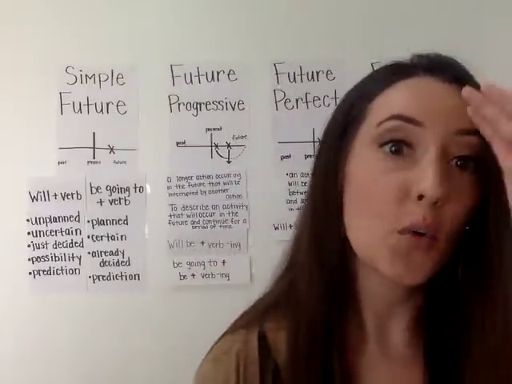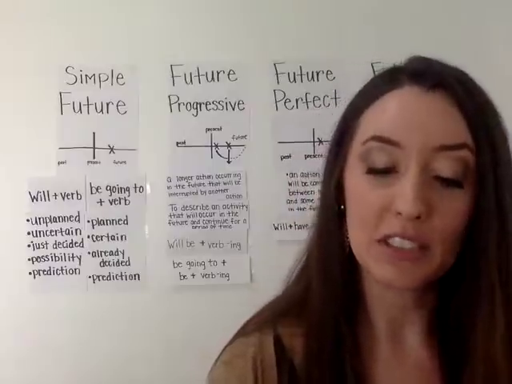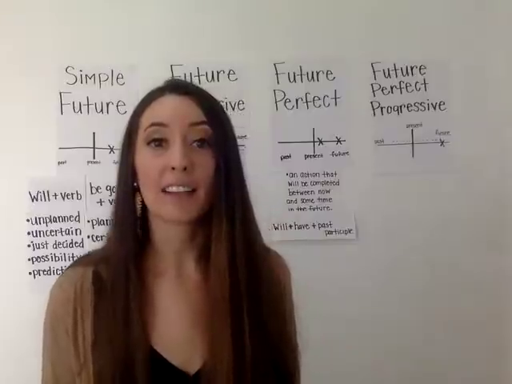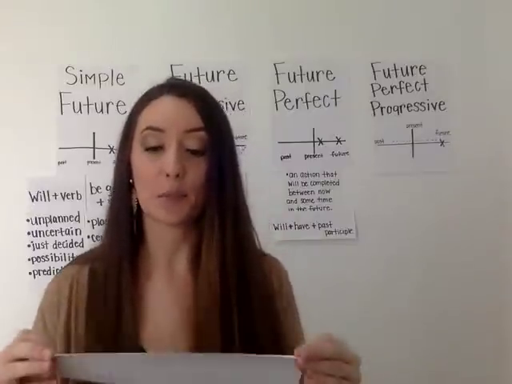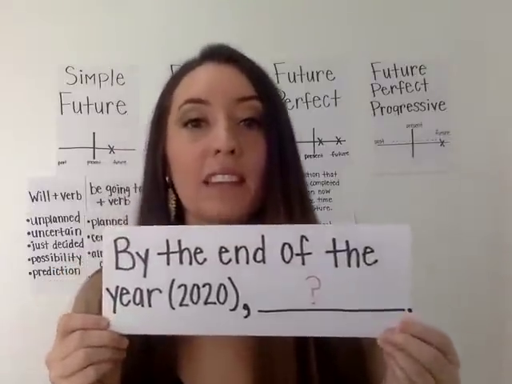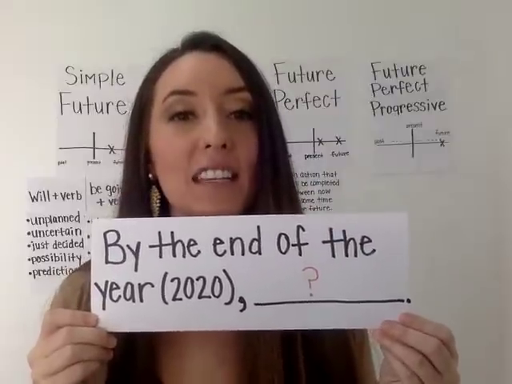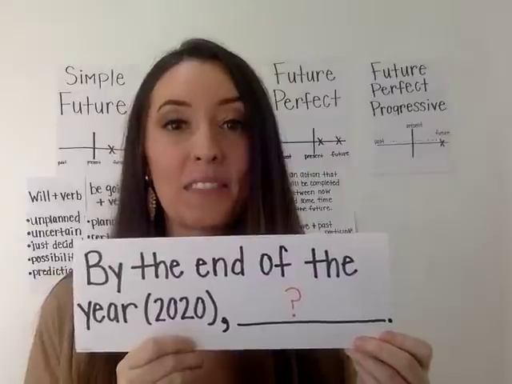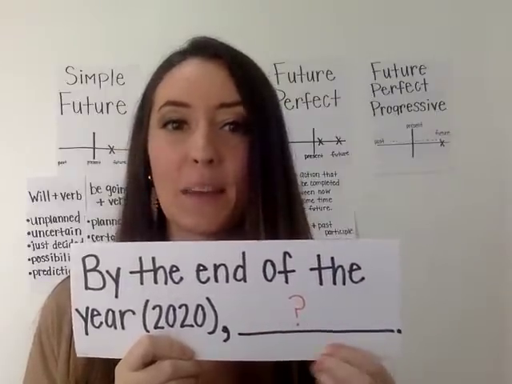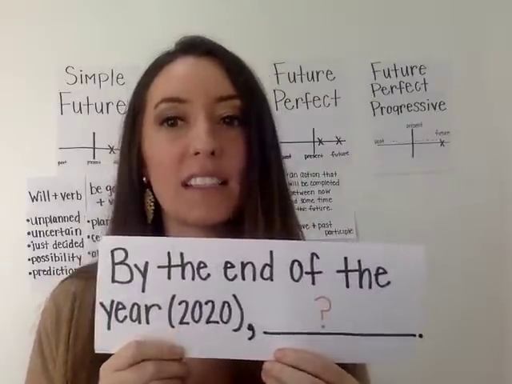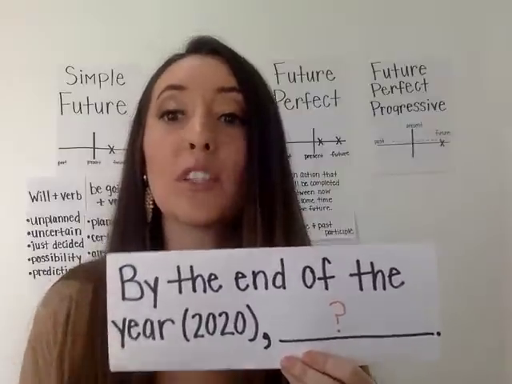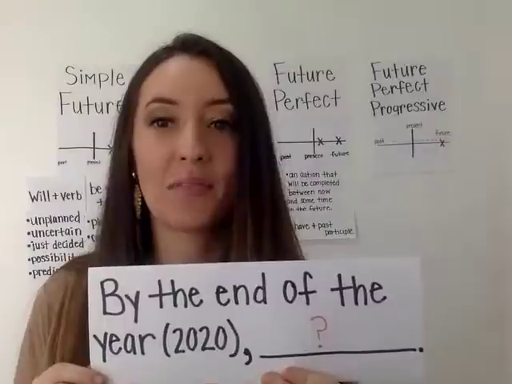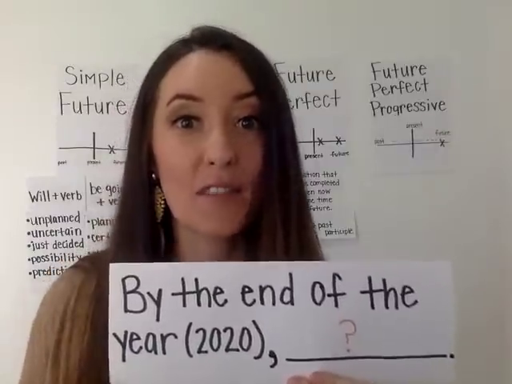I'm going to do another question, and I would like you to use the chat to answer it, practicing future perfect. Practice a complete sentence using future perfect. By the end of the year 2020, so we're in the year 2020, complete this phrase. By the end of the year 2020, what will you have done? Or what will you have accomplished? Where will you have traveled?